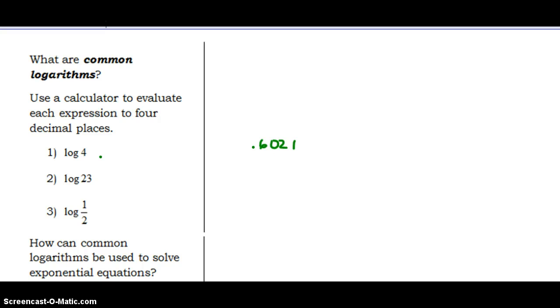All right, so our common logarithms, remember, are log base 10, and we also use log base e. Remember, log base e is the natural logarithm. These common logarithms are in our calculator, and that's why they're used.